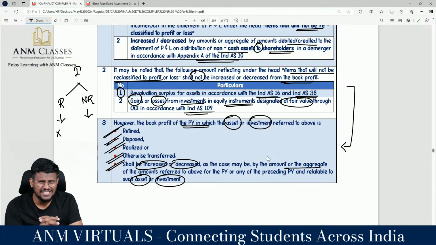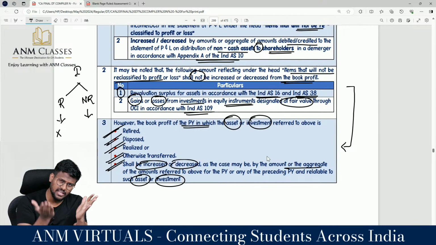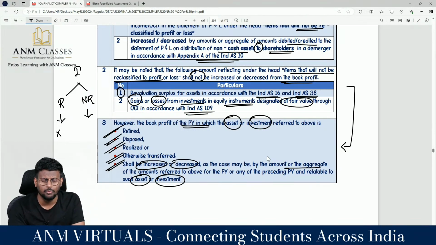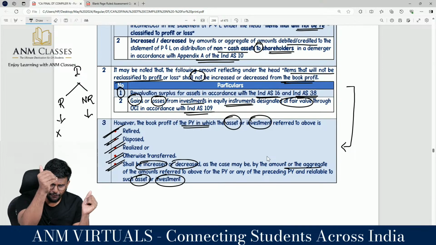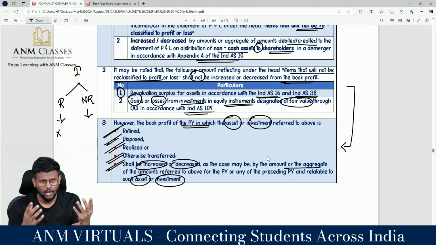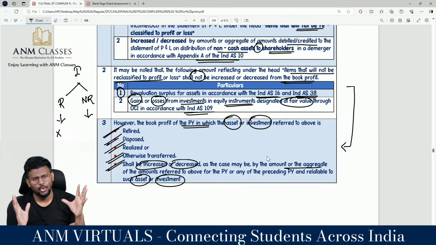You are not going to sell immediately, so don't pay MAT on that, because sometimes this year the market value is showing huge and you would have booked so much of profit. But in the next year, it will fall like anything, and if you made that adjustment, our revenue will not be consistent.